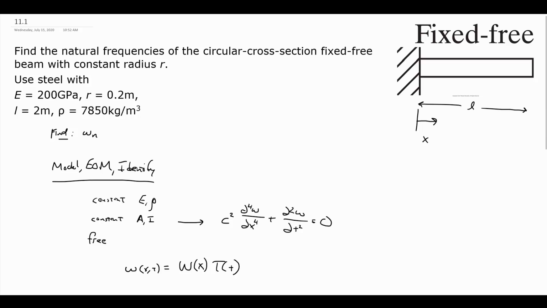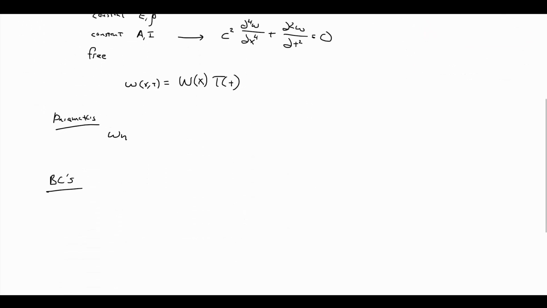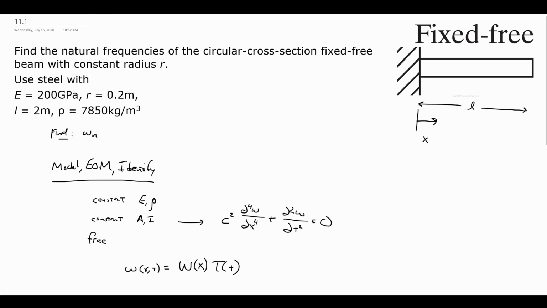I'll start where x is equal to 0 at the wall and see what we know there. For this transverse problem, we know that W, the position at the wall, so x equals 0, will be 0. That's our first boundary condition. We also know at the wall that the slope must be 0.